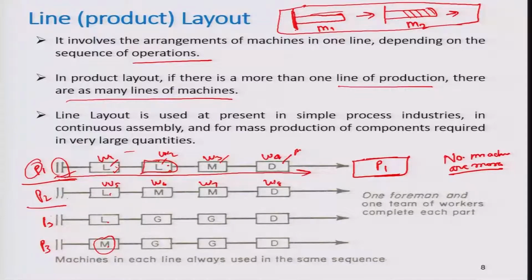So you can see that the manpower requirement is high. In this kind of layout, machine requirements are high as well as manpower requirements, so the product cost will be very high compared to other layouts.